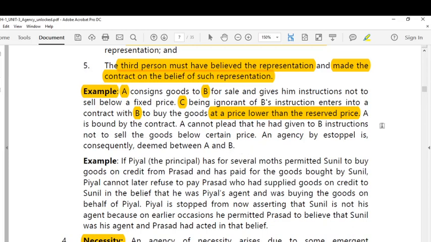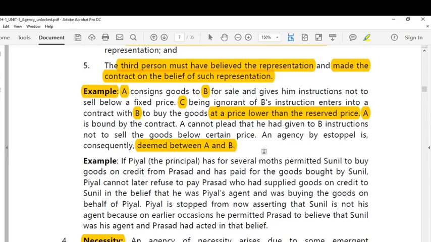A is bound by the contract. A cannot plead that he had given B instructions not to sell the goods below a certain price. An agency by estoppel is consequently deemed between A and B.